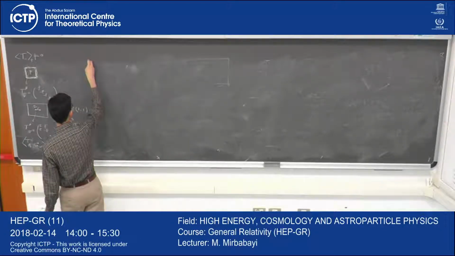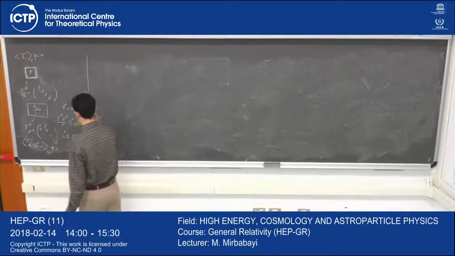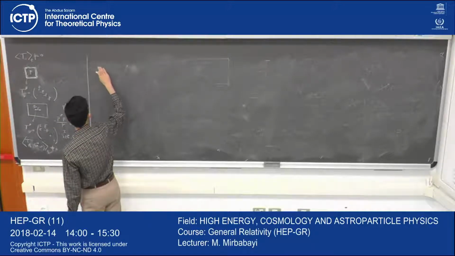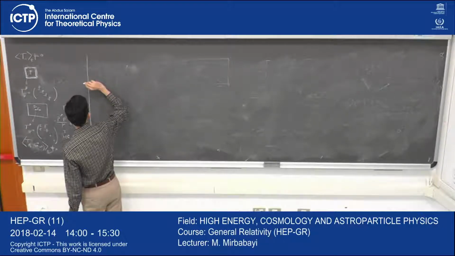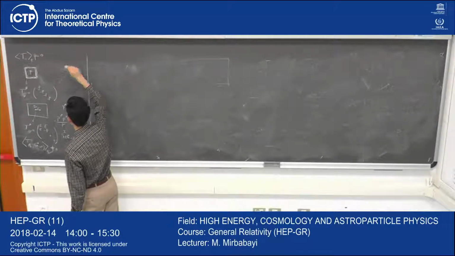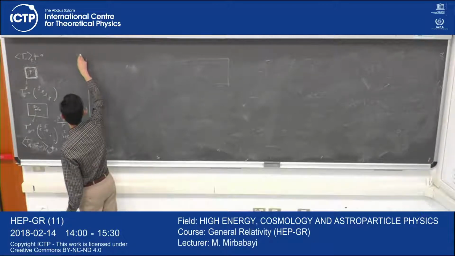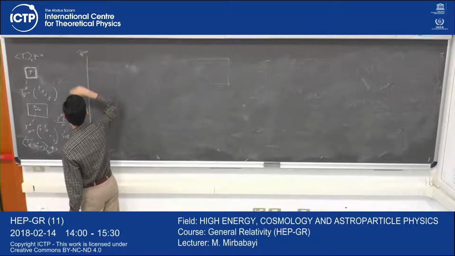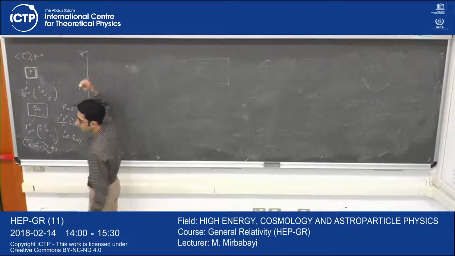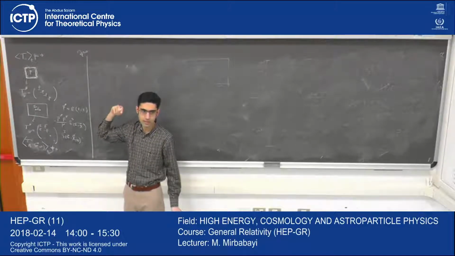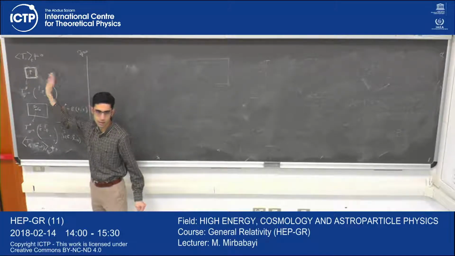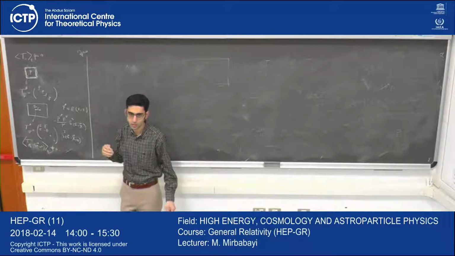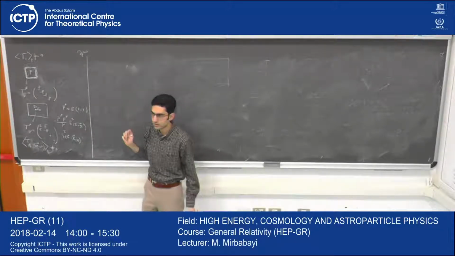Let me first show you why the argument breaks down. For the moment let's consider just a static system, so ∂_t is equal to 0. And when we understand it for a static system like a gas in the box, then the generalization to a periodic system is not that difficult.